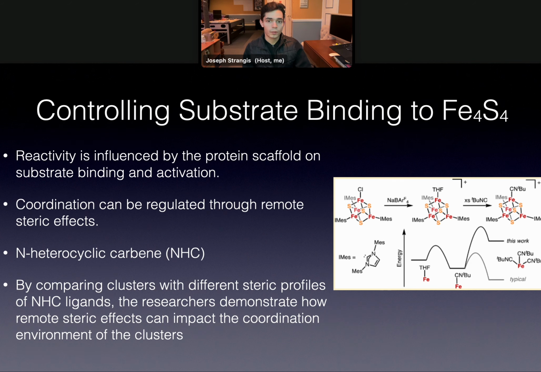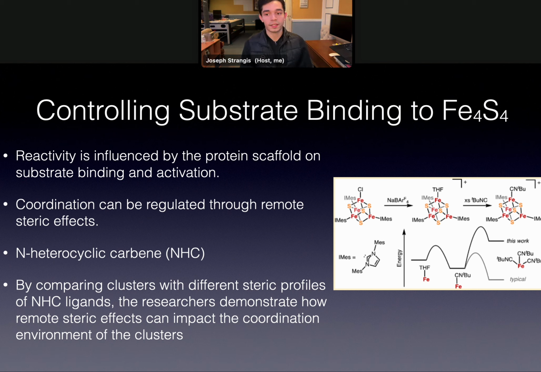Now, we're going to explore controlling substrate binding to Fe4S4 clusters, because the reactivity is influenced by the protein scaffold of the substrate with these working organometallic enzymes. And coordination can actually be regulated by steric effects.